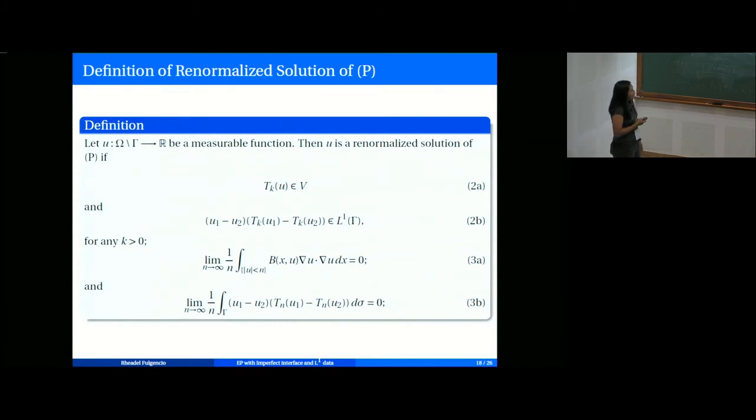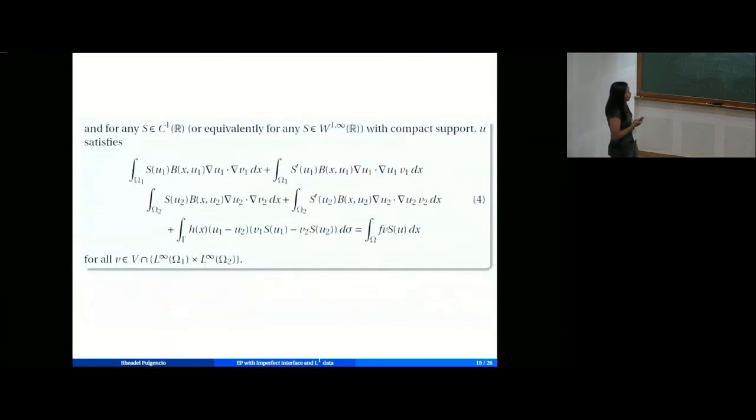So if Tk of U is in V, note that since S has a compact support, we can write this integral as just the integral on the set where Ui is bounded by some constant. By definition, the gradient of Ui will just be the gradient of the truncation of Ui.